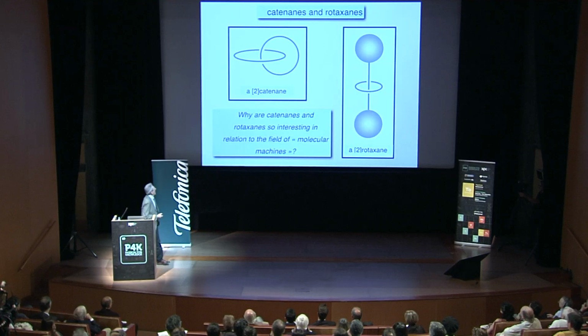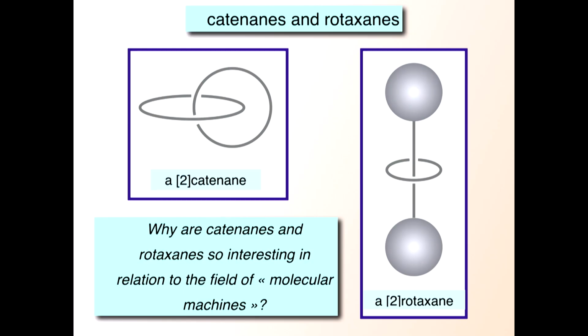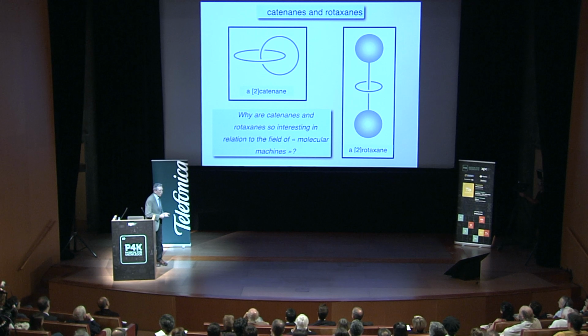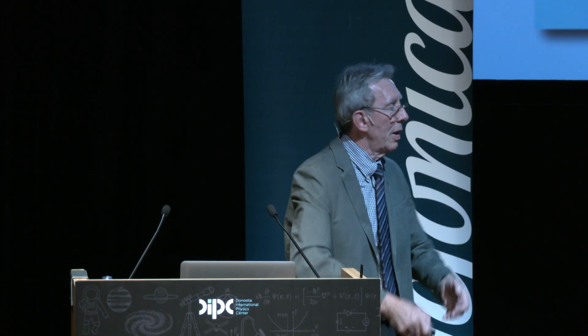Now we will switch completely towards hardcore chemistry and talk about 2 families of molecules which were basically unknown before the mid-80s. So this is a catenane. It's a very simple species. You have 2 interlocking rings.